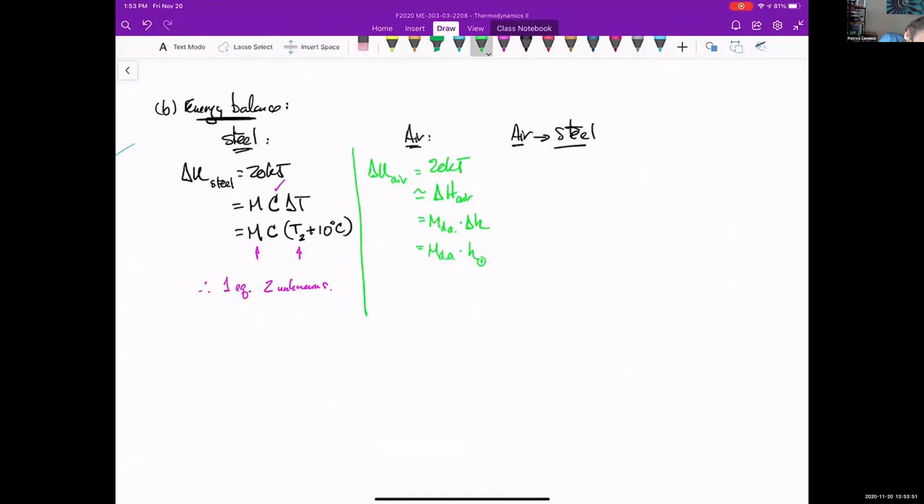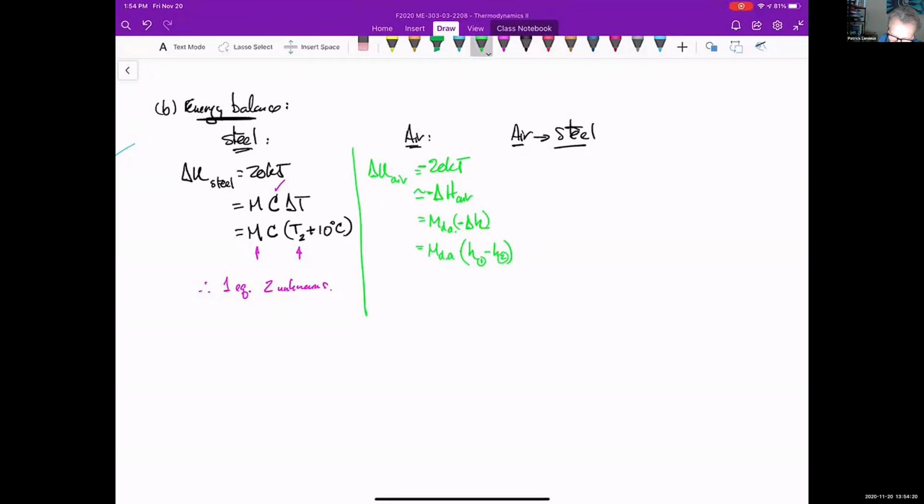The change in internal energy of the air is minus 20 kilojoules because the air lost 20 kilojoules. This is minus delta H. And so therefore, this is minus H2 minus H1, which is H1 minus H2. That's where I'm at this point. I did not spell that out. You guys should worry about spelling things out when you're doing things on your test and keeping things as clean as possible.